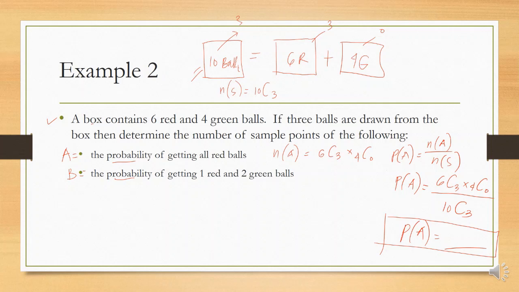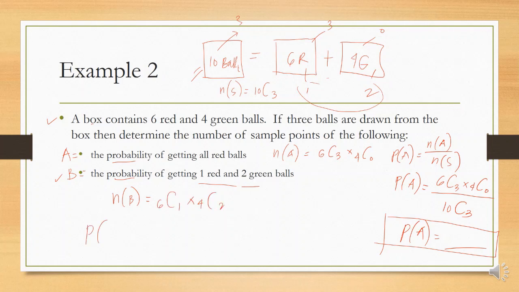Okay? Moving on for B, we have 1 red and 2 green balls. So, isa dito, isa doon, dalawa doon. Basta laging 3 ang dyan, ang ating total. Okay? So, ang N of B is simply 6 combination 1, 4 combination 2.